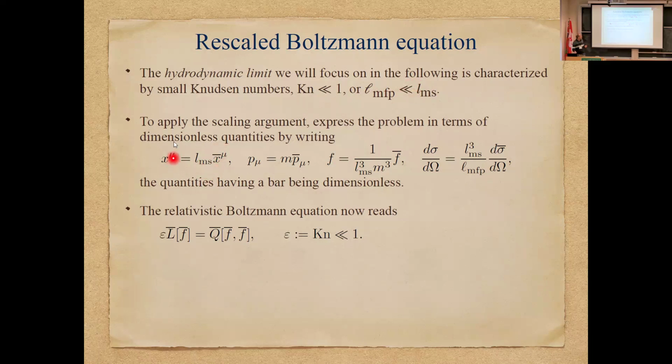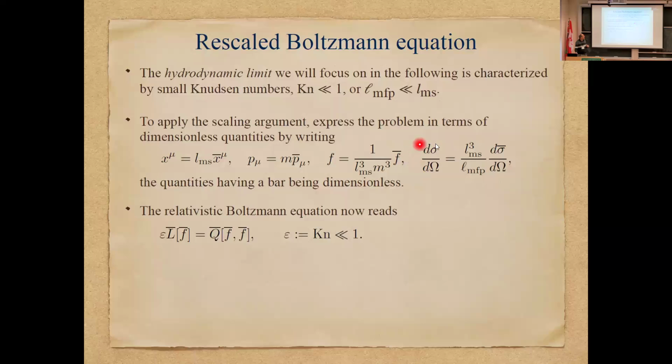To do the scaling argument, you rescale your variables in the Boltzmann equation. x mu you rescale with the macroscopic length scale, so x bar is dimensionless. p mu you just rescale by the mass. The distribution function you rescale in this way. This is basically a dimensional analysis argument.